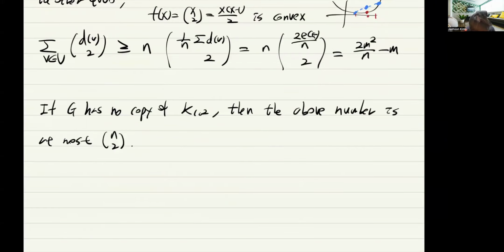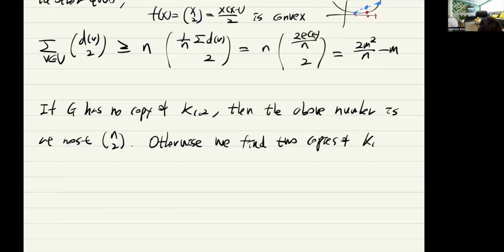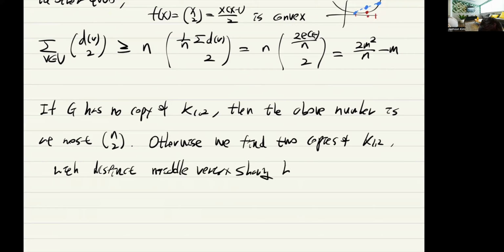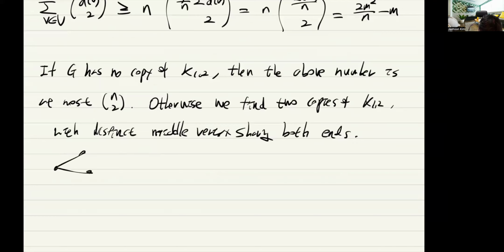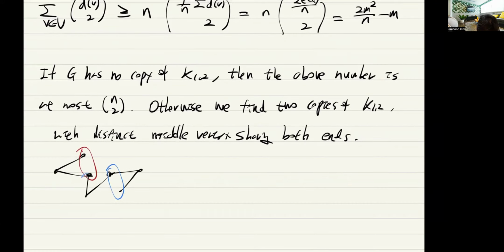Why? If it is more than n choose 2, then otherwise we can find two copies of K_{1,2} using the pigeonhole principle, with distinct middle vertices sharing both ends. So if you have this, then you count this pair. And then another copy, you count this pair. And another copy, you count this pair.